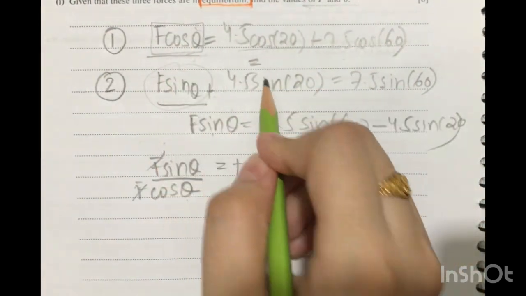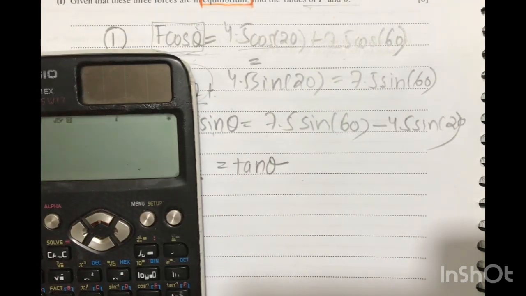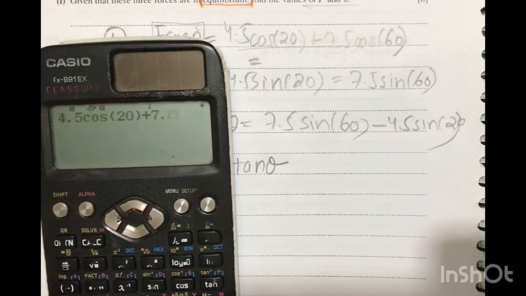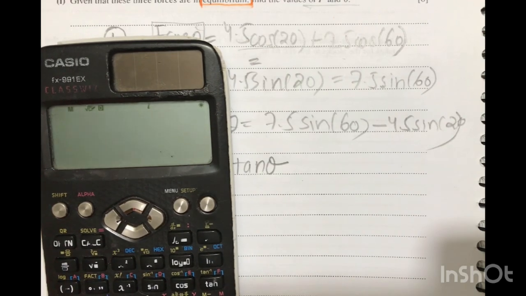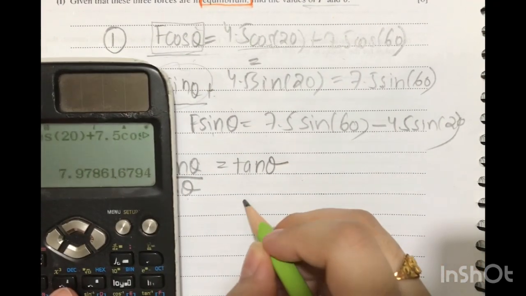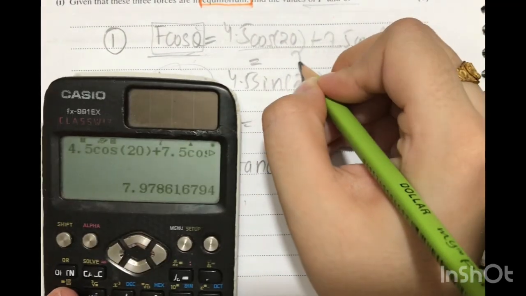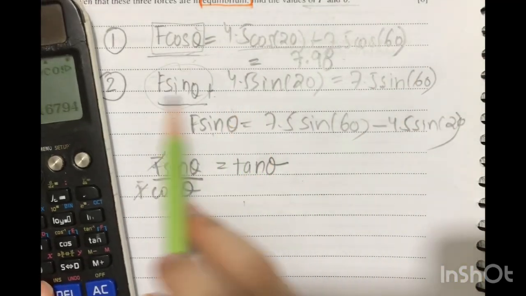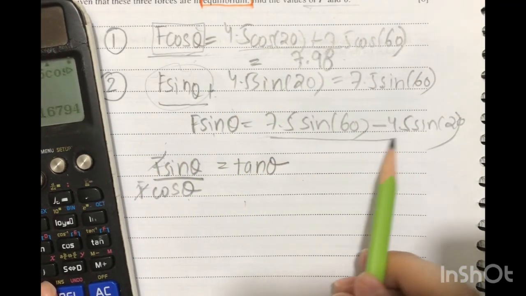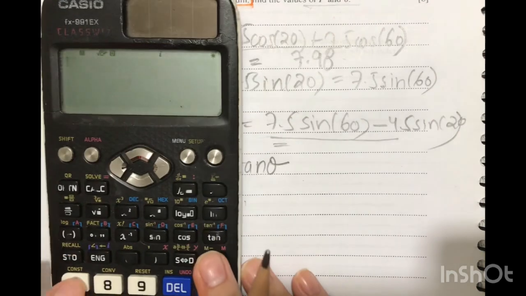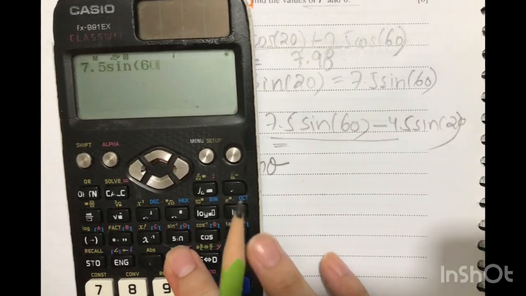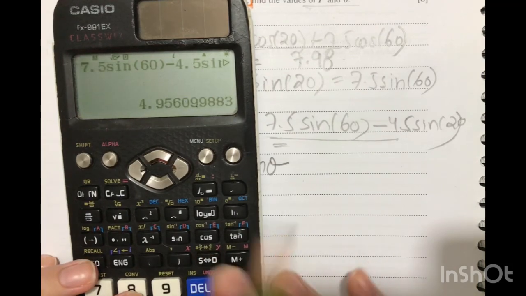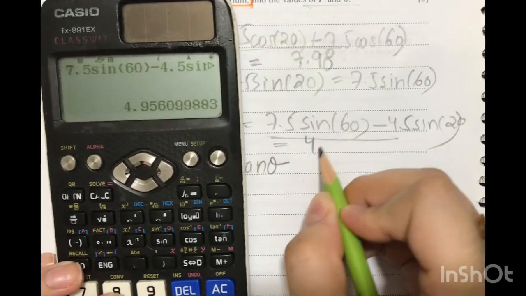So let's calculate this first. F cos theta is equal to 4.5 cos 20 plus 7.5 cos 60, which is equal to 7.98. Let's round it off. And then F sine theta is 7.5 sine 60 minus 4.5 sine 20, which is 4.96.